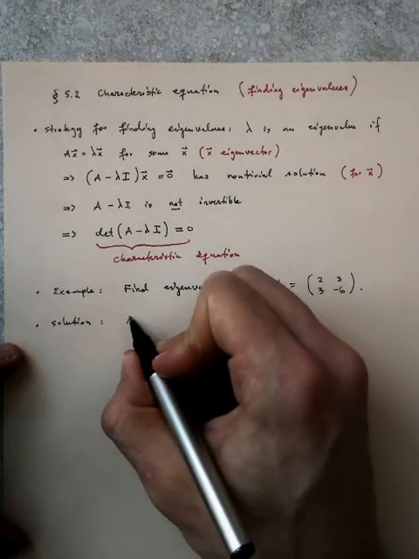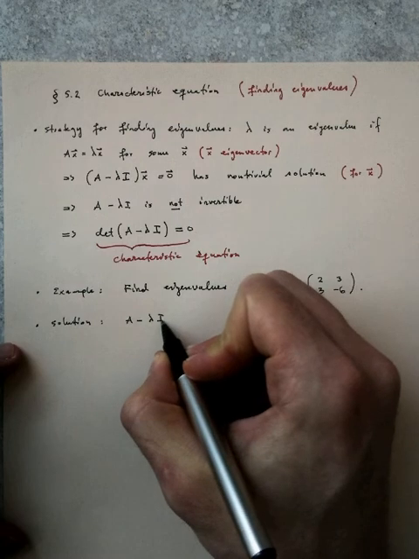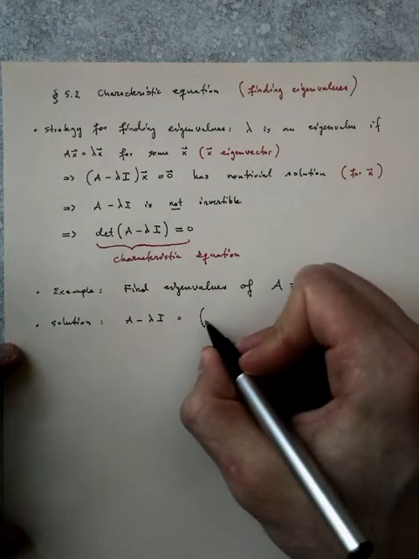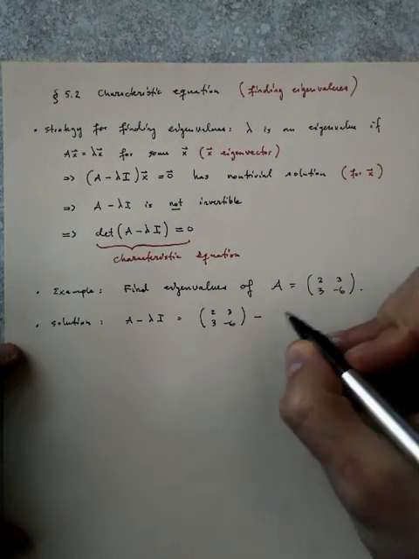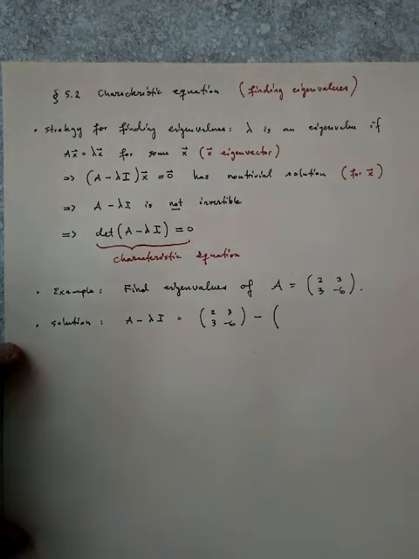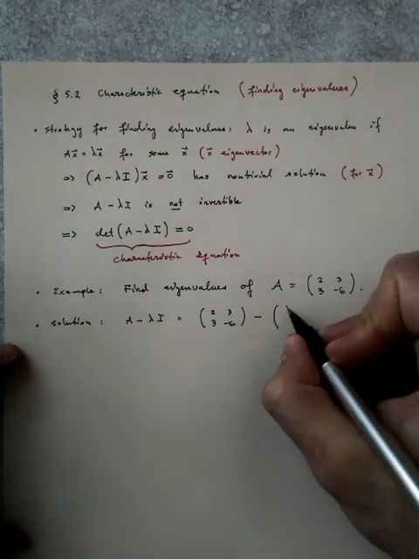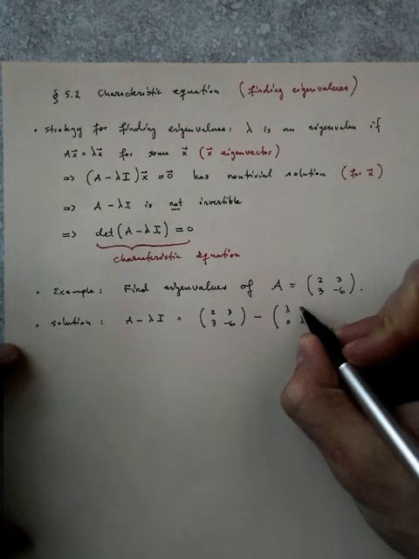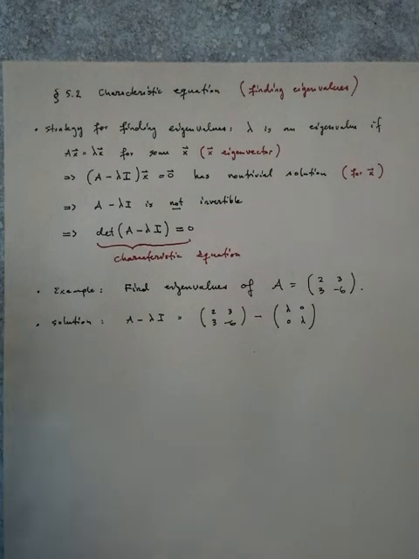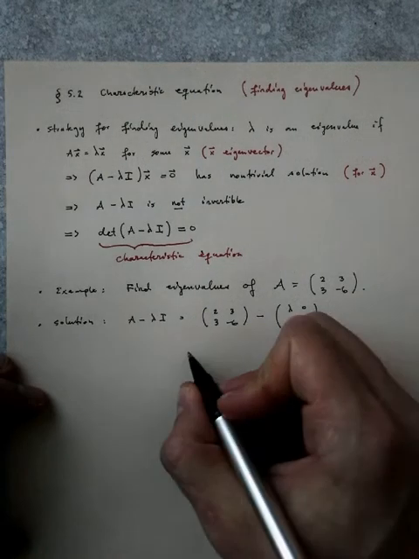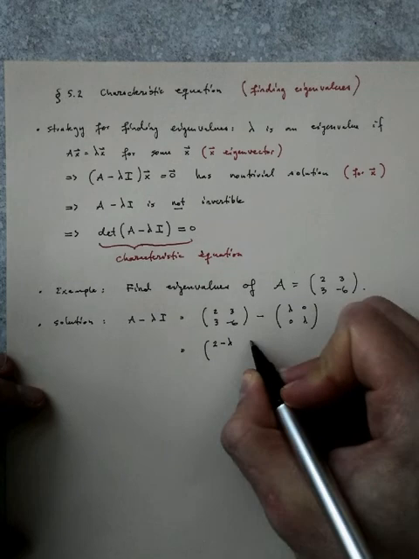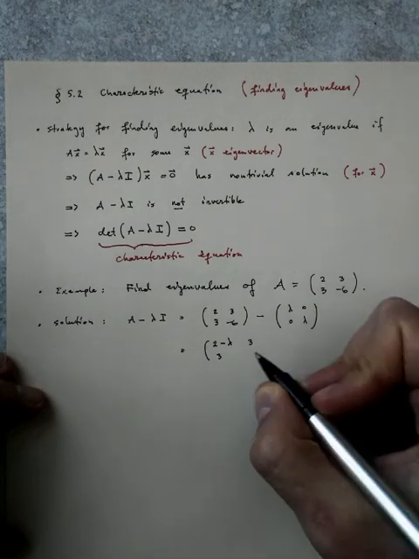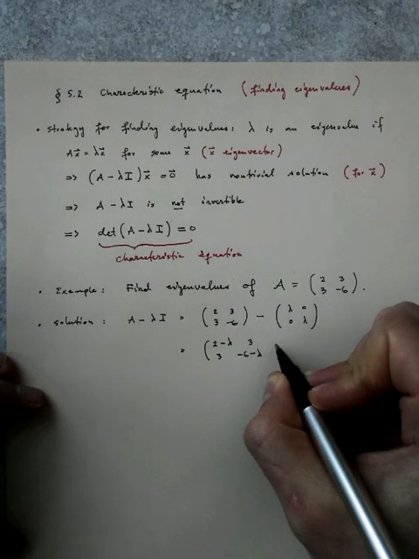A minus lambda times the identity is equal to 2, 3, 3, negative 6, minus lambda times the 2 by 2 identity matrix, which is lambda, lambda, 0, 0, like that. This is going to be 2 minus lambda, 3, 3, negative 6 minus lambda.